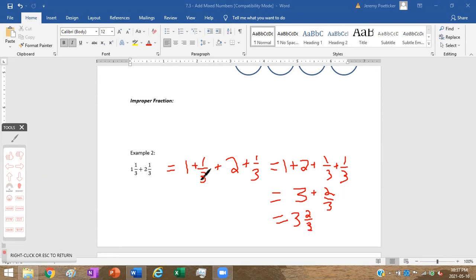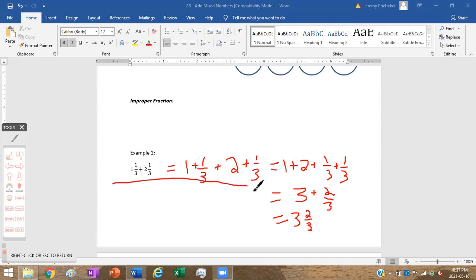Now, I can also do this one another way. I'll be honest with you, that is the easiest way. That's the way you want to look first to see if you can do that. Because in this case, my fraction plus my fraction give me a proper fraction. I'm not turning that proper fraction into something improper. So in this case, this is probably the easiest way.